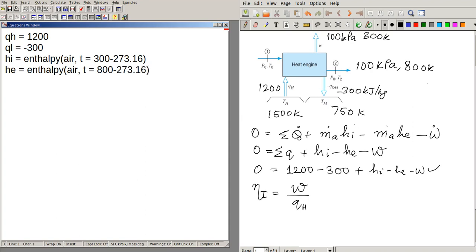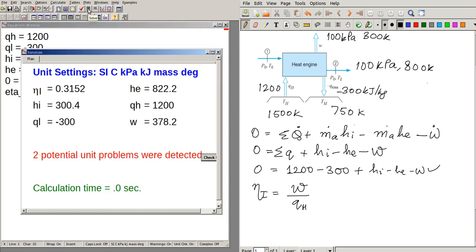Then we write down the first law balance for the steady state steady flow process: Q_H plus Q_L plus h_i minus h_e minus W, and eta_1 is equal to W by Q_H. If you solve this, we obtain the first law efficiency as 0.3152.